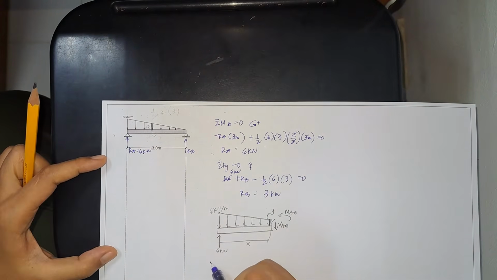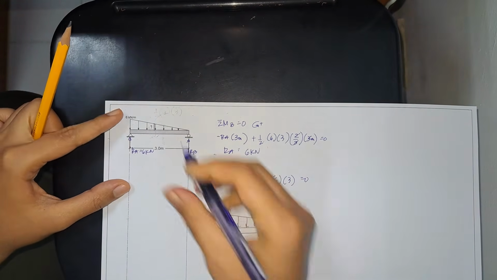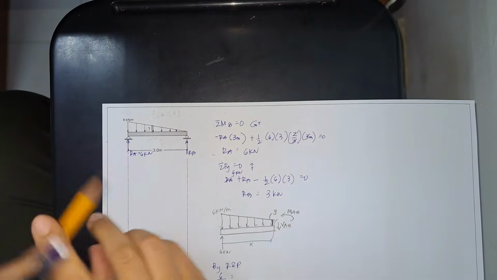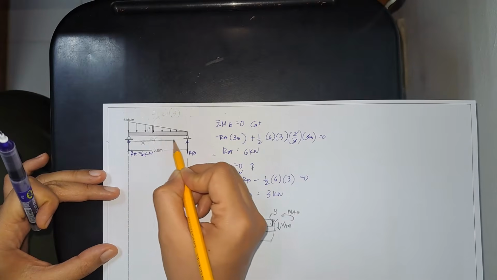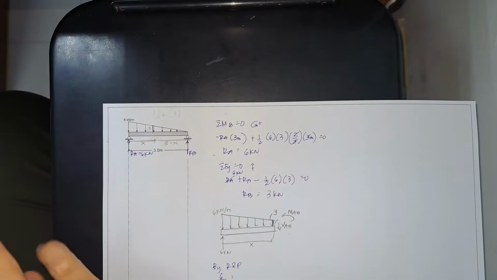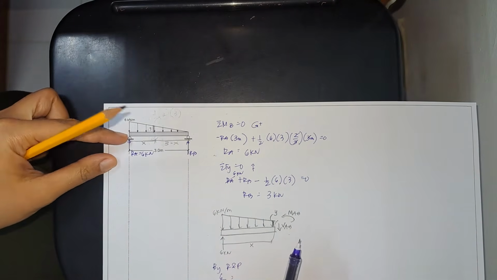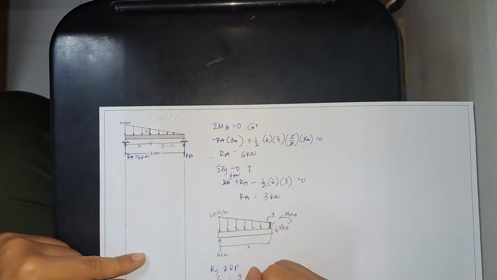So, by ratio and proportion, we have here 6 by 3 is equal to Y by, ano ba to? Since nag-cut tayo dito ng X, di ba? X po yan. This is already 3 minus X. Right? X tapos 3 minus X. So, we have 6 all over 3 is equal to Y all over 3 minus X.